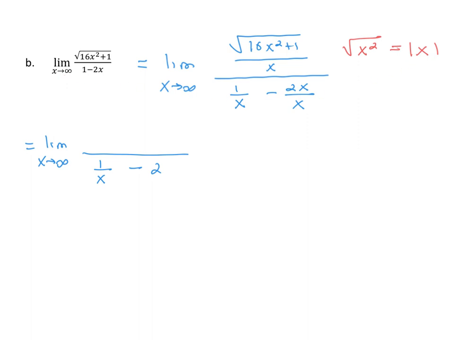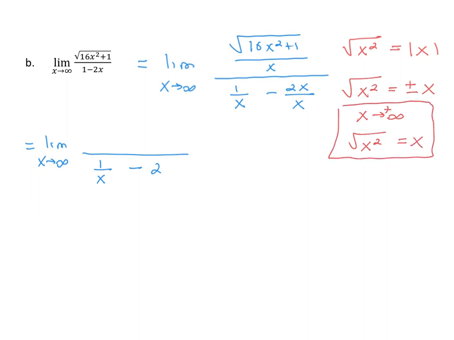You could say that the square root of x squared is either the positive solution or the negative solution of x. X approaching positive infinity means we're going to use the identity the square root of x squared is equal to x, the positive one. Had this limit been going to negative infinity, I would have used negative x instead, and that's important with the answer that you'll get.